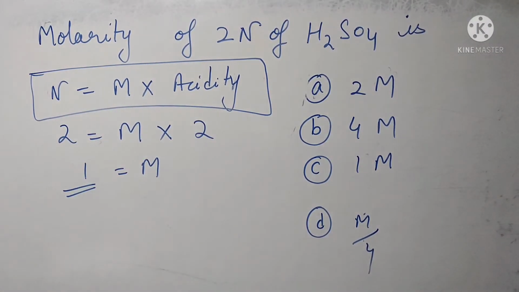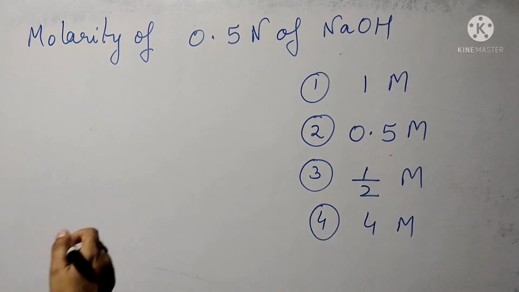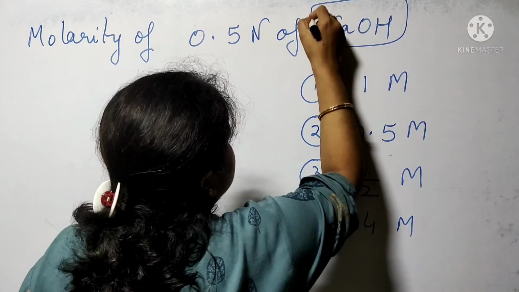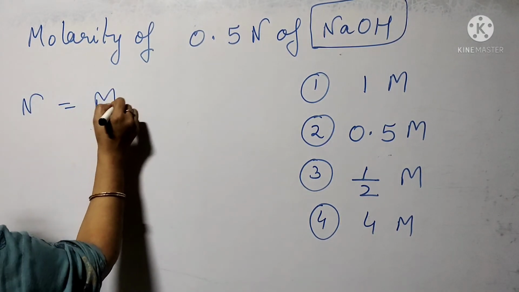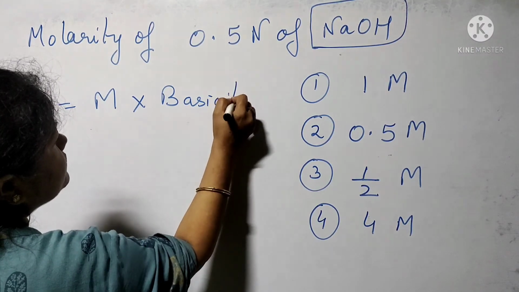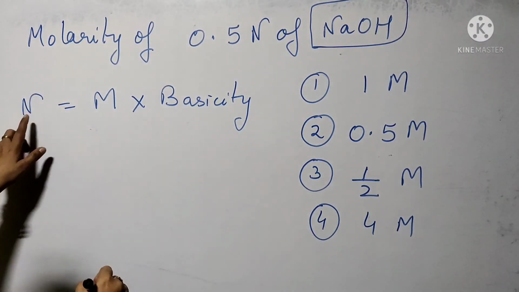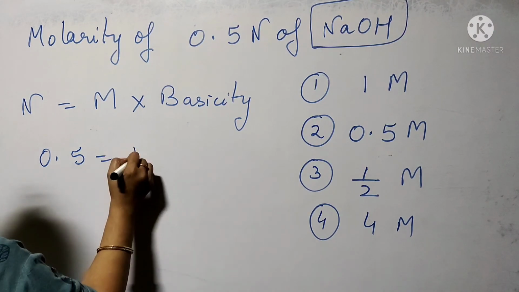I will take one more example regarding that. Now we have another question: molarity of 0.5 normality of NaOH, and we have the 4 options. Now here the compound which is given is a base. We use the same relationship, normality is equal to molarity into basicity. So normality is 0.5 and we have to find the molarity.